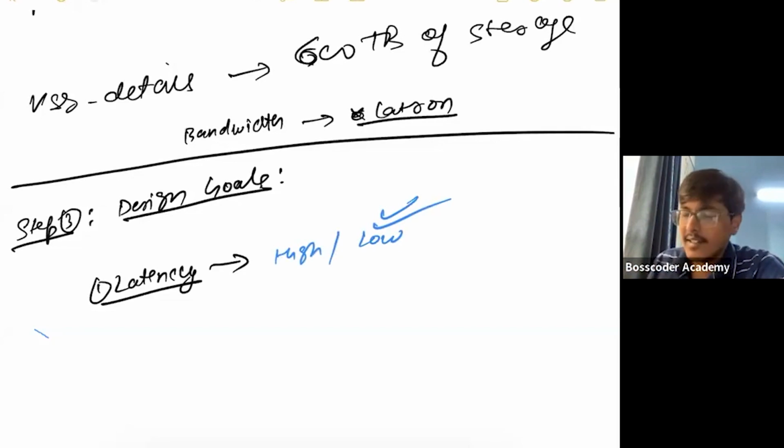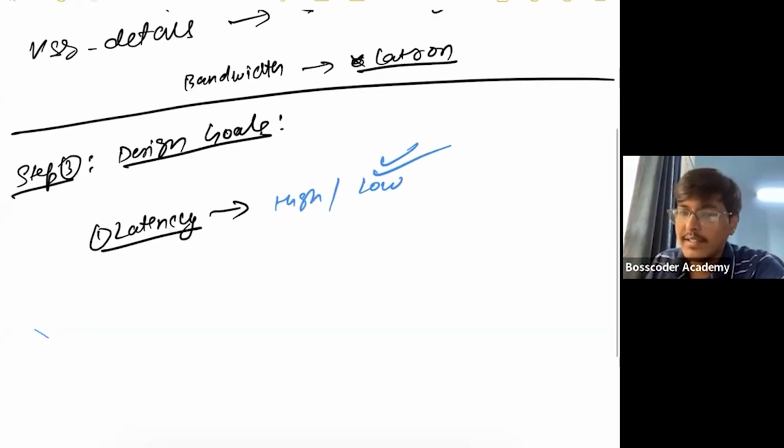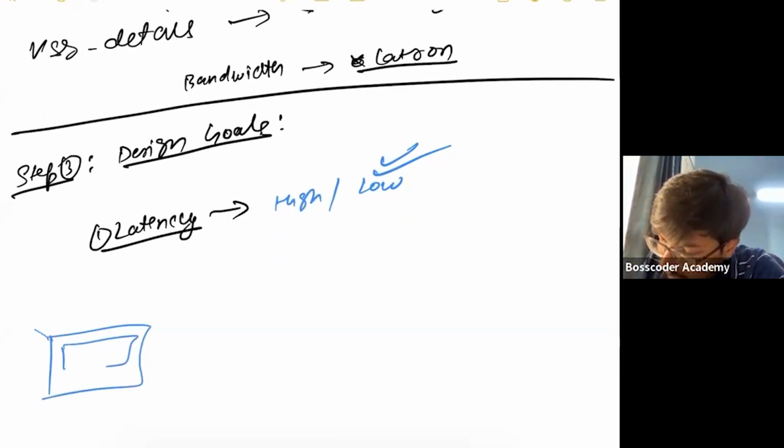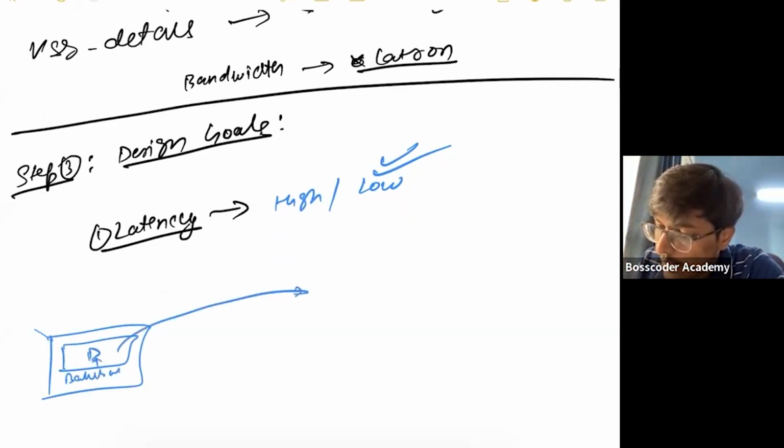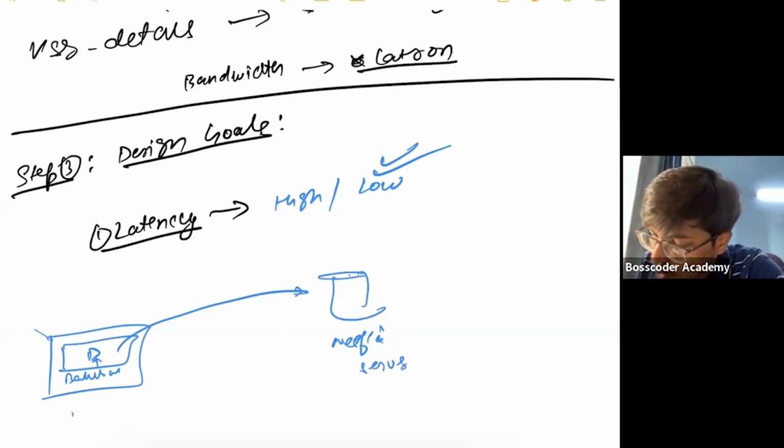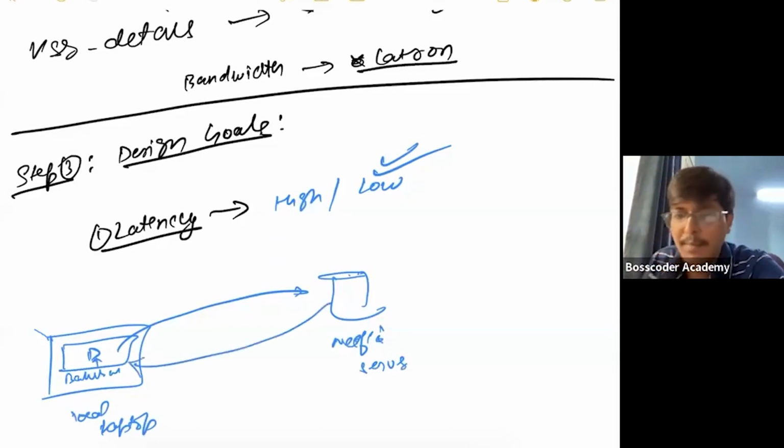What is latency? Can someone share it out in the chat window? Basically, if you are the user and you are watching a movie, say Bahubali, and you press the button here, it will go to the server. This is the Netflix server, and this is your local computer, laptop, and it will fetch the movie and get back here.